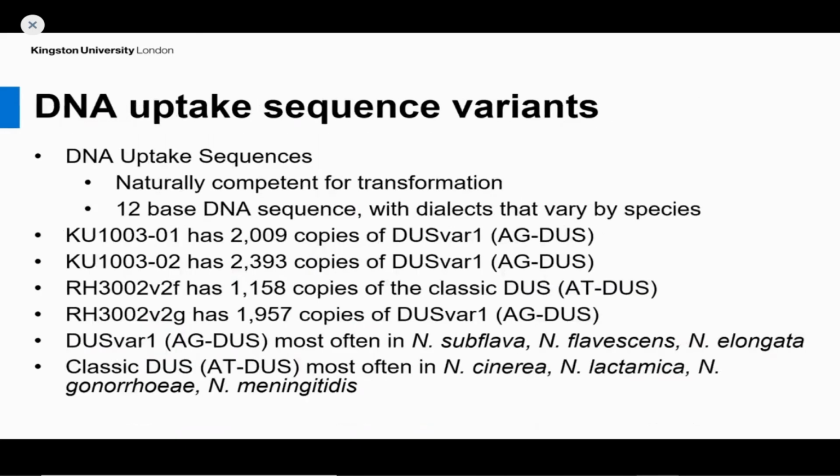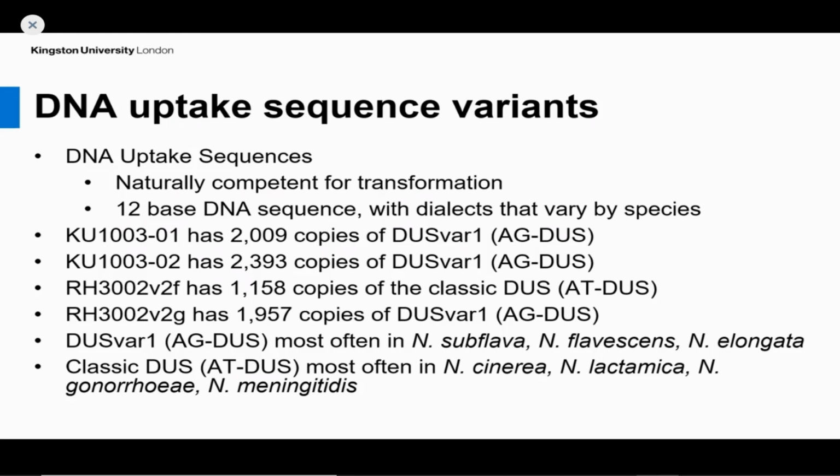Okay. We then also looked at some of the other sequence features. DNA uptake sequence variants can give you an indication of what sort of species you're looking at as well. Neisseria are naturally competent for transformation. They will take up naked DNA from their environment and use it to either repair things in their chromosome or acquire new DNA.